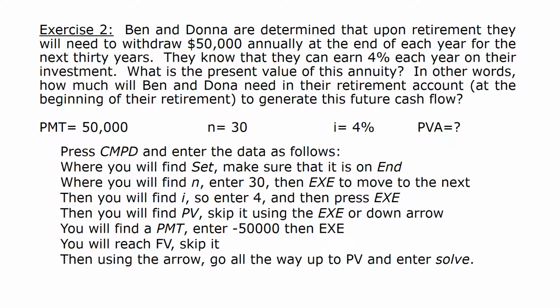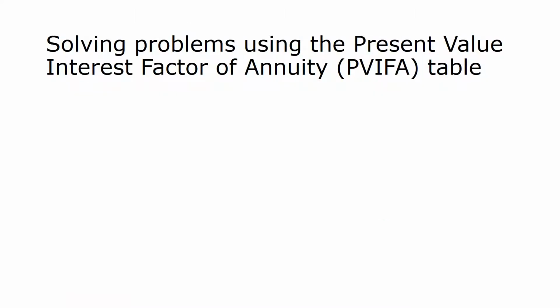And then using the arrow, go all the way up to the PV once again and then press solve. And you'll find the answer $864,601.665.